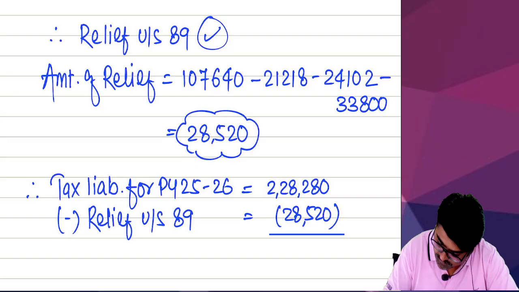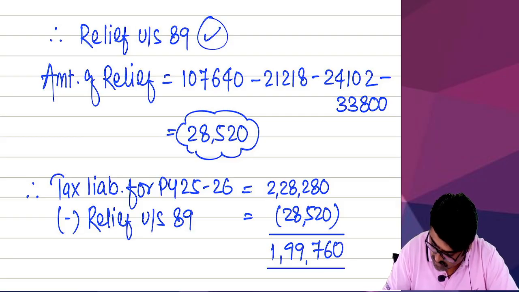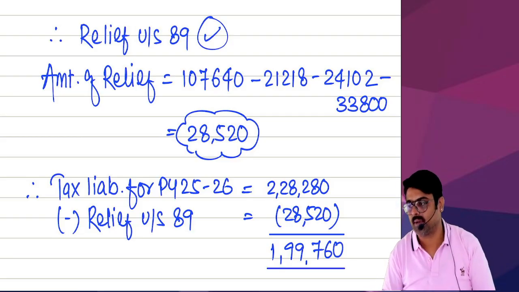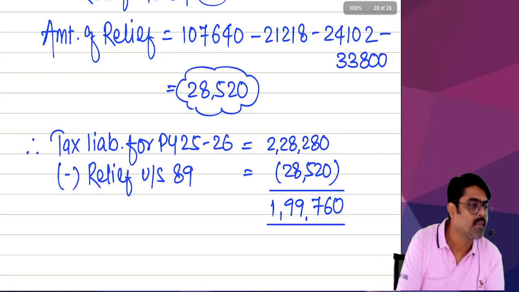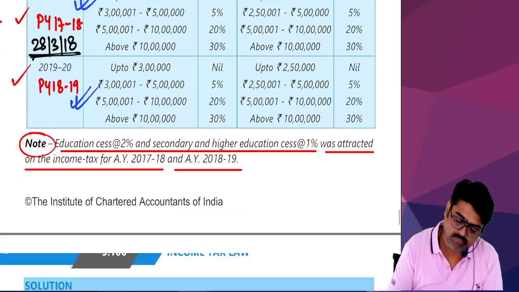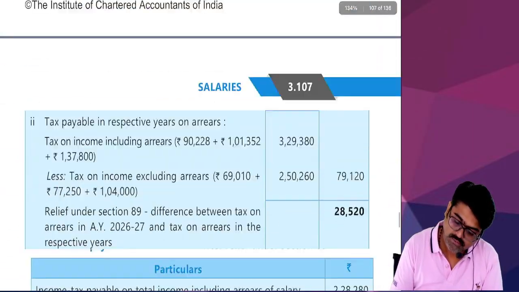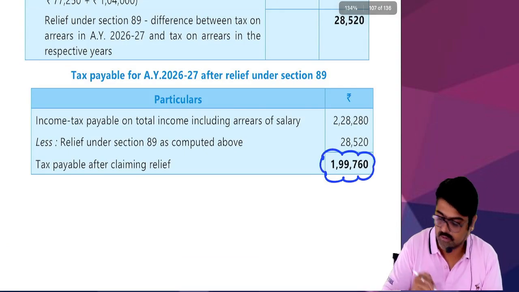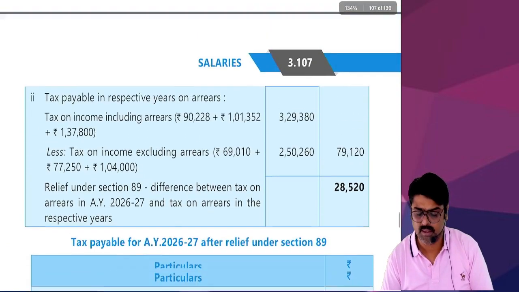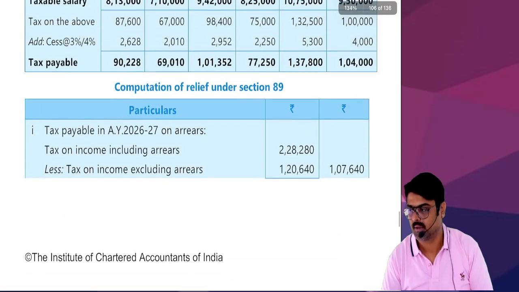Reduce that. This is the final tax liability for your previous year. Everyone got this? Check the final answer. 1,99,760.